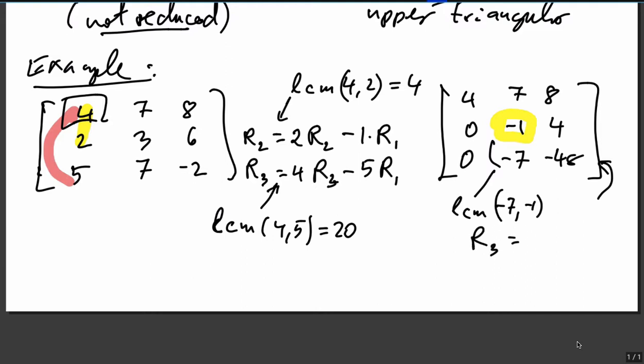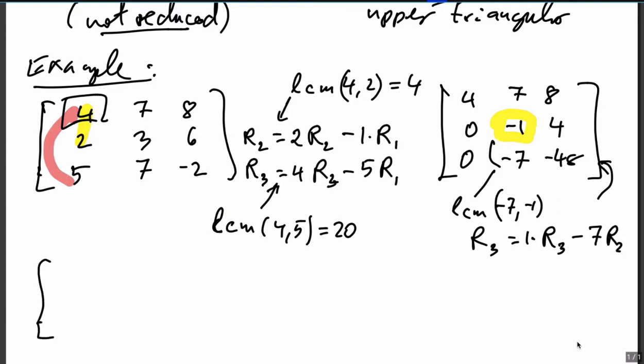Maybe the simplest way to do it is to use 1 times row 3 without changing its sign, and then multiply the second row by -7 to get +7. So that makes the 3-2 entry 0: -7 + 7 is 0.